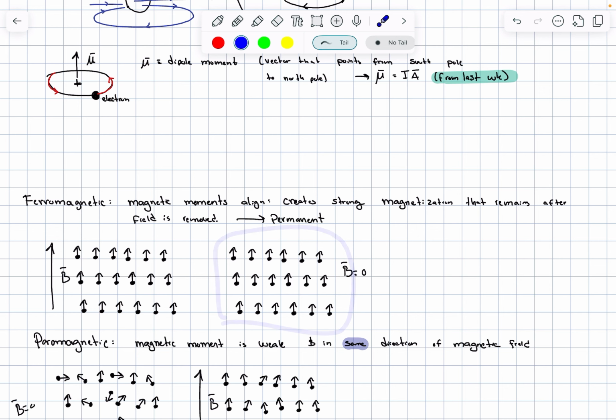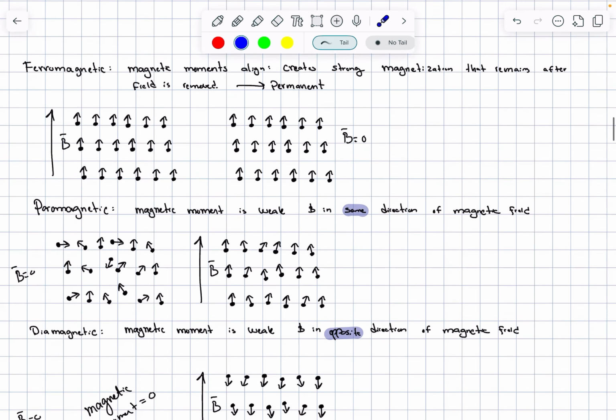This is like copper, or iron, things like that. Those are ferromagnetic. On the other hand, we have a category called paramagnetic, where these magnetic moments are weak, but they are in the same direction as the magnetic field. What we mean by that is, normally when there is no magnetic field, they're just floating around in space, and the dipole moments are all in random different directions.